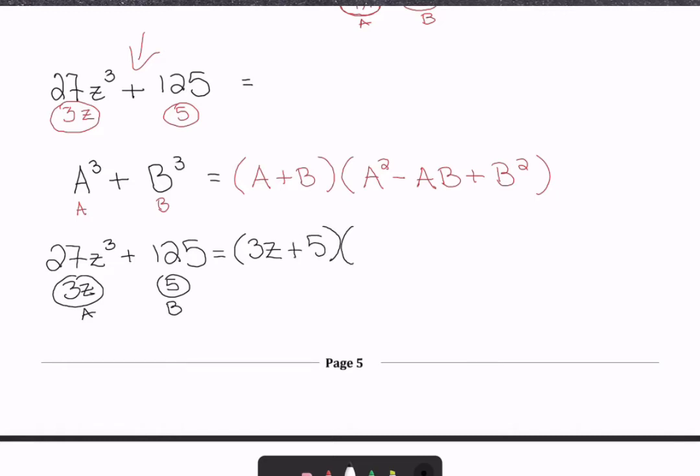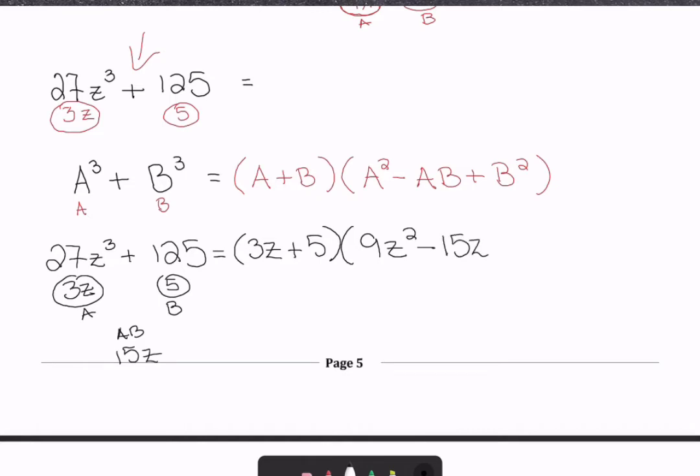Then it says do a squared. A squared is going to be 9z squared. Because remember, you have to square the 3 and you have to square the z. Then you do a subtraction sign and do a times b. If I do a times b, that's going to be 15z.